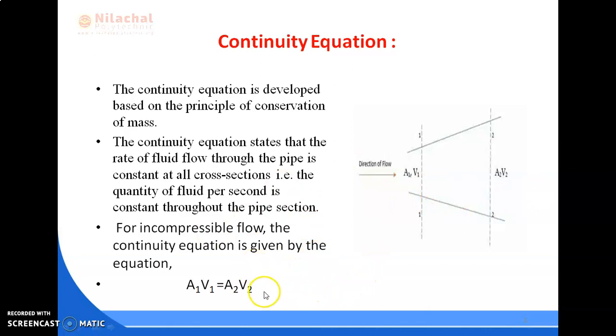This equation says A1 V1 equal to A2 V2. See this figure, this is the direction of flow. If we consider this is section 1 and this is section 2, then according to the continuity equation the discharge at section 1 is equal to the discharge at section 2. That means A1 V1 equal to A2 V2, and this is constant at every point.